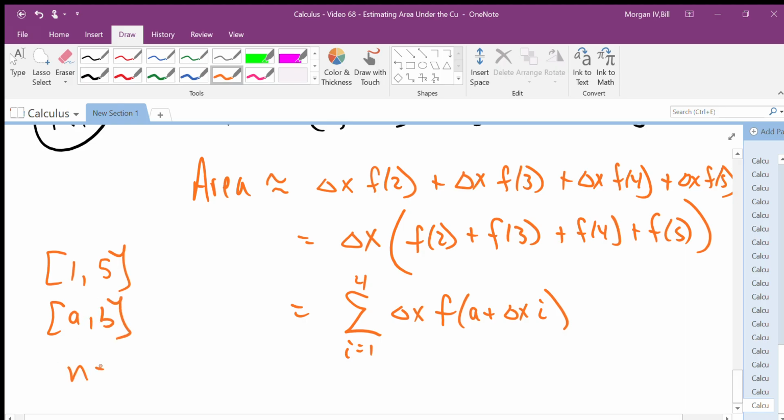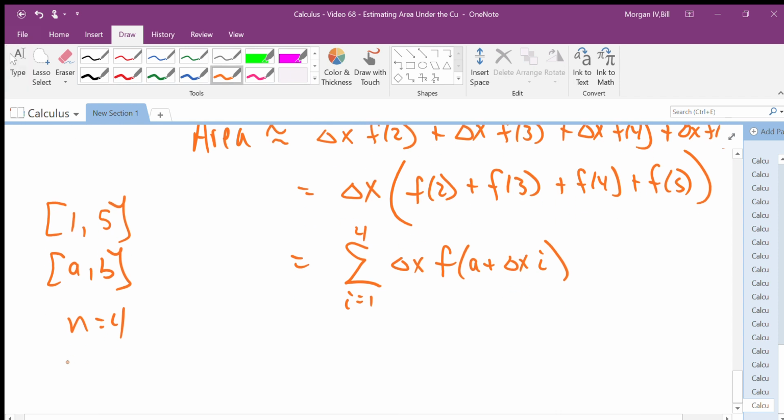We had n value as 4 rectangles. Delta x, that's the value of 1. If you remember, delta x is equal to b minus a over n. In our case, that's 5 minus 1 over 4, which is 1.